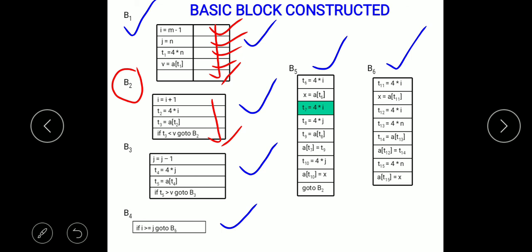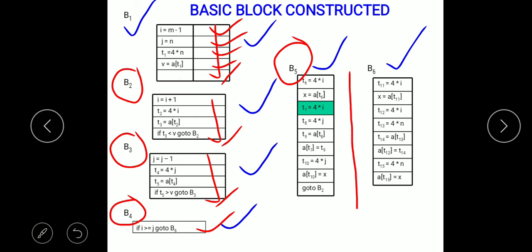In basic block B3, all statements will execute in linear fashion. In basic block B4, because we have a single statement, it will definitely execute in linear fashion. In basic block B5 and in basic block B6, all statements will execute in linear fashion.